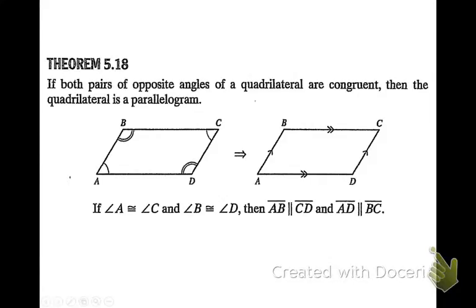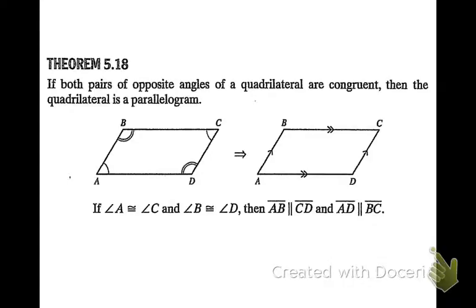Theorem 5.18. If both pairs of opposite angles of a quadrilateral are congruent, then the quadrilateral is a parallelogram. So we can say something is a parallelogram by definition.